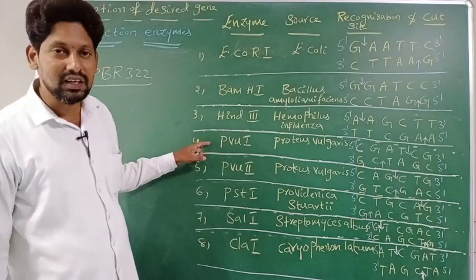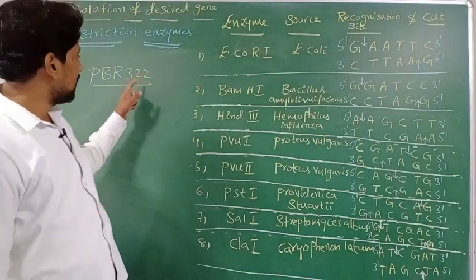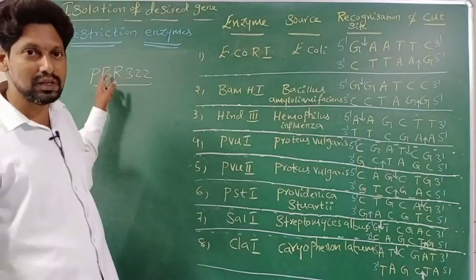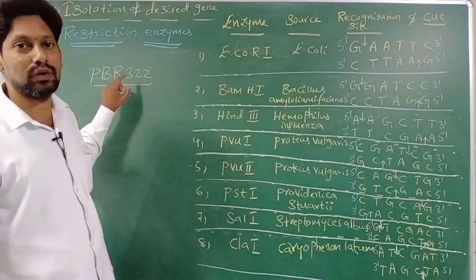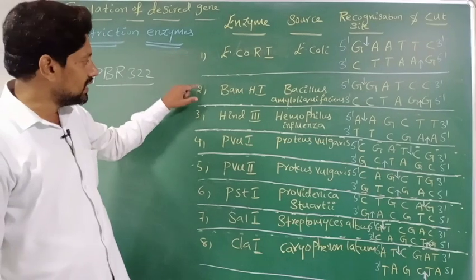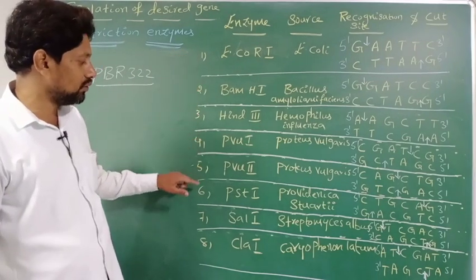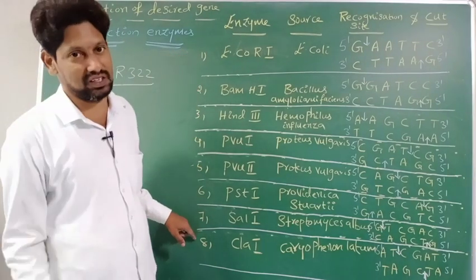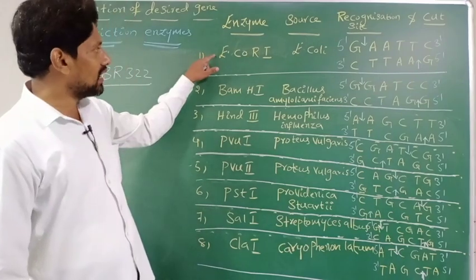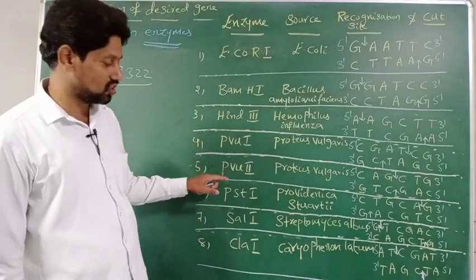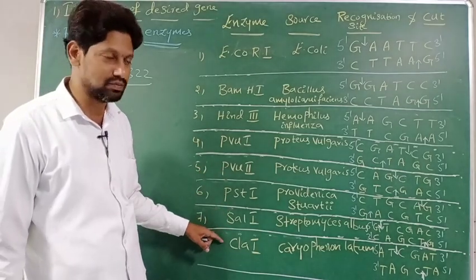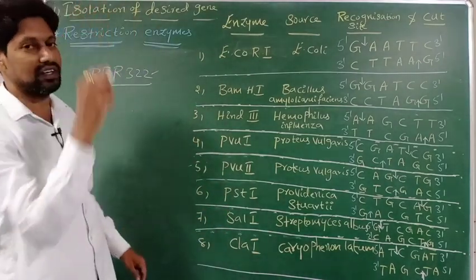In the coming topics, we are going to discuss the pBR322 vector. On this pBR322 vector, these 8 types of restriction endonuclease enzymes can act. It means the recognition sites for these 8 enzymes are present on pBR322.